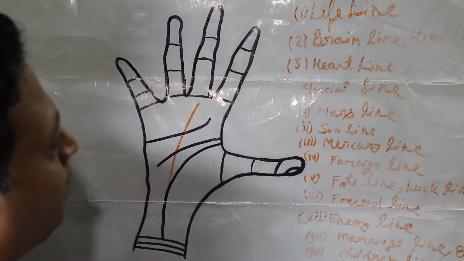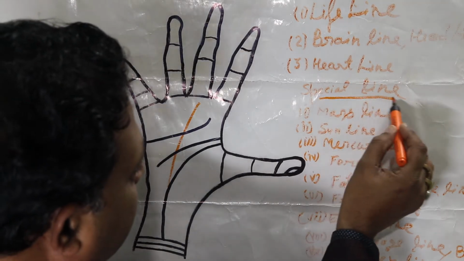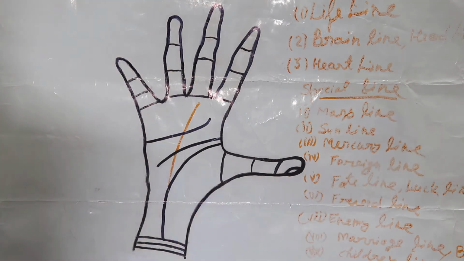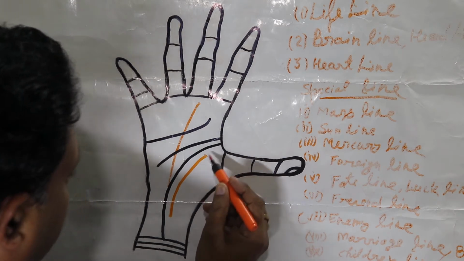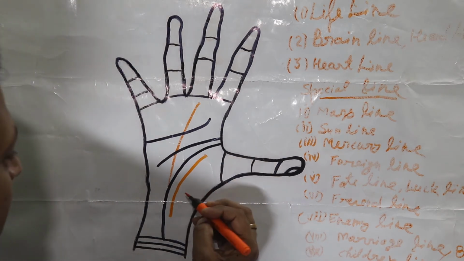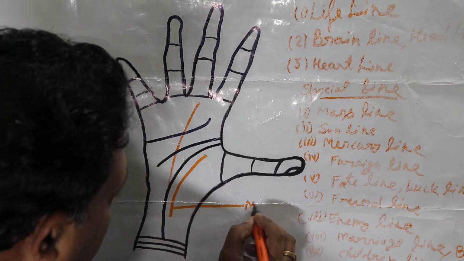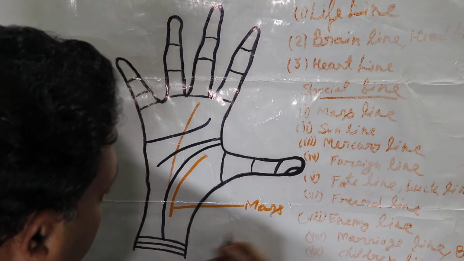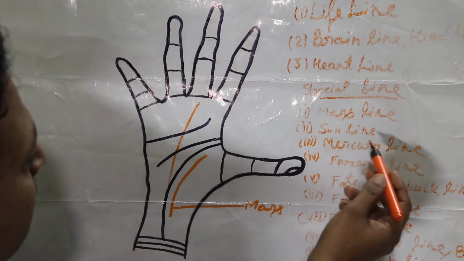So now we are going to the specific lines or special lines. On that, the first line is the Mars line. It goes parallel to the lifeline. Second, I indicated here the Sun line.